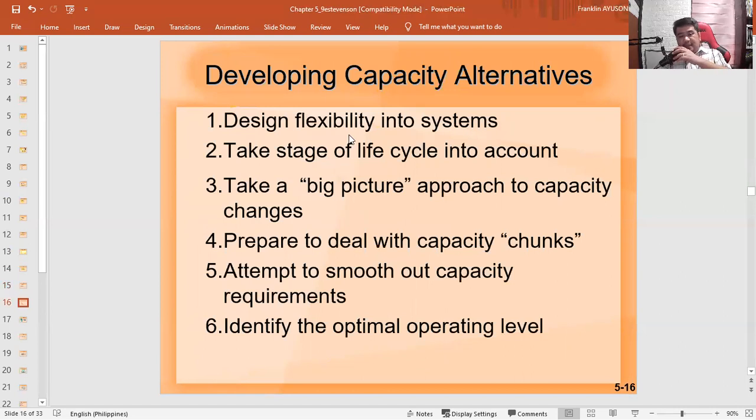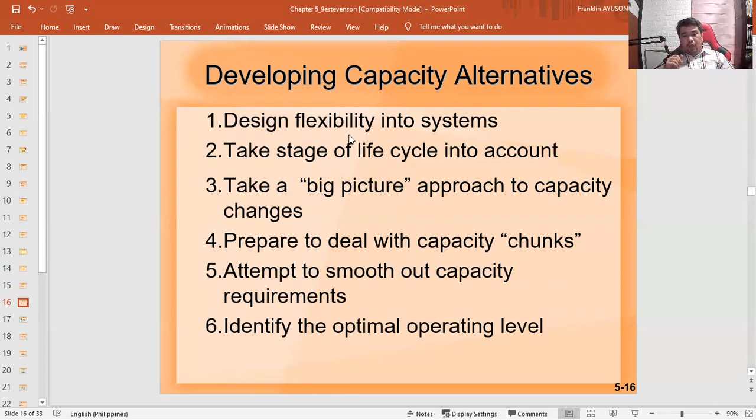Moving forward, developing capacity alternatives. Again, we don't take chances. There should be alternatives in our operations. And inasmuch as we want to define and plan our capacity, we need to consider that we are not much in control of the external factors. Sometimes there are big increases in demand.